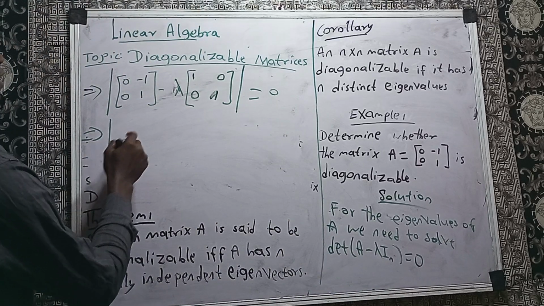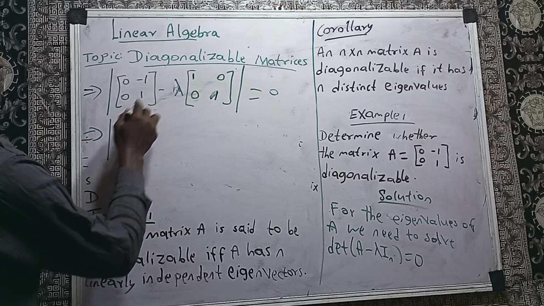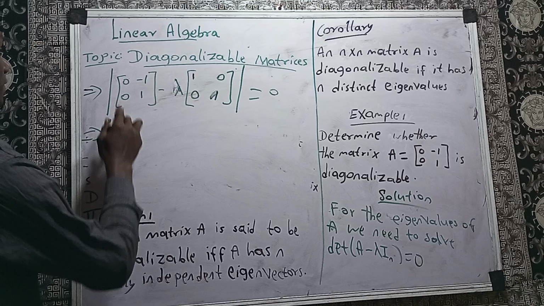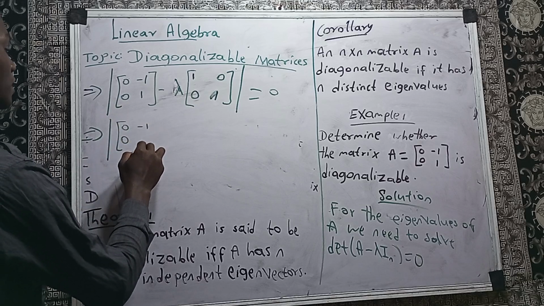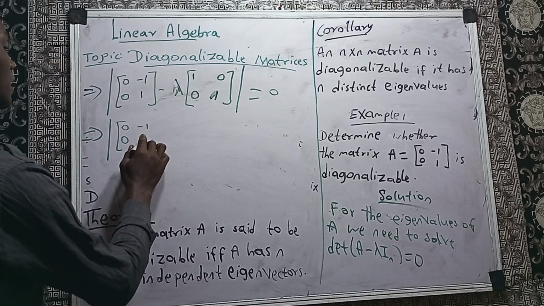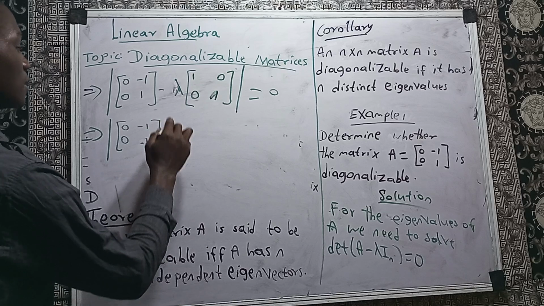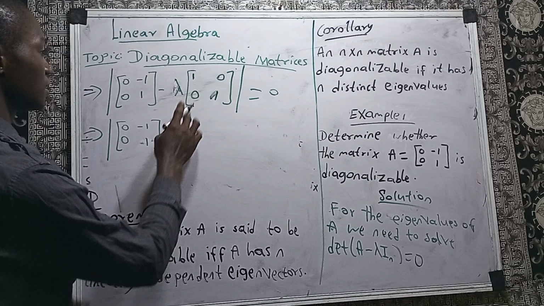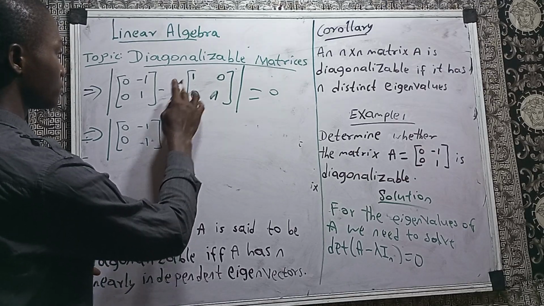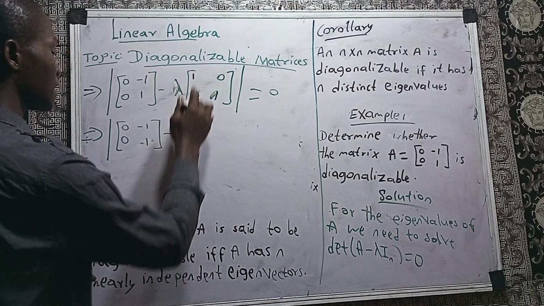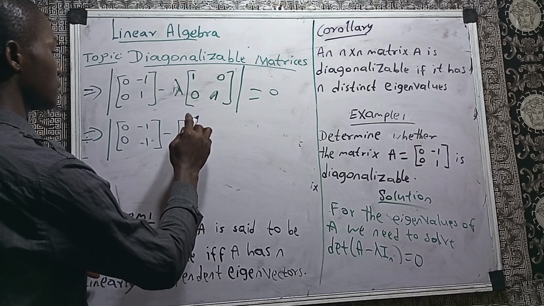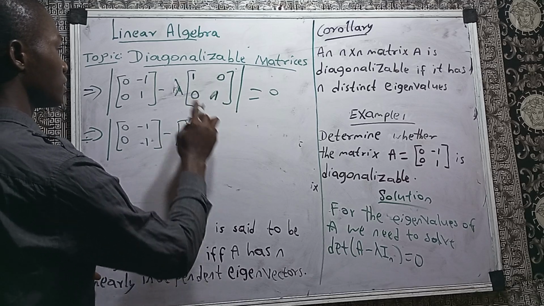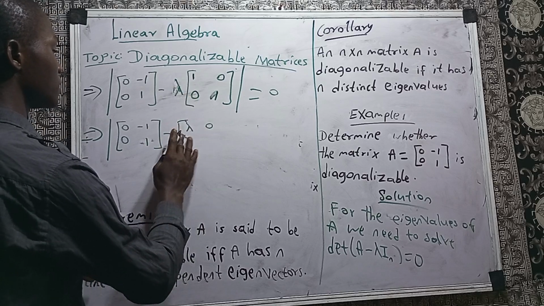This implies determinant of, let's multiply this lambda and this matrix. Let's write matrix A first. Let's multiply this lambda and the identity matrix. This will give us lambda times 1 is lambda. Lambda times 0 is 0. Lambda times 0 is 0.